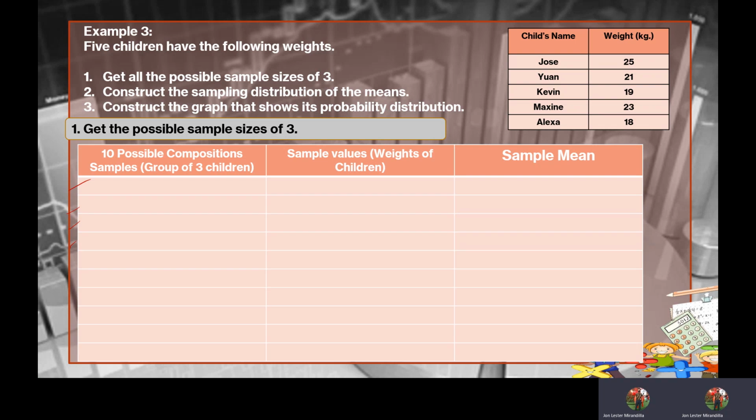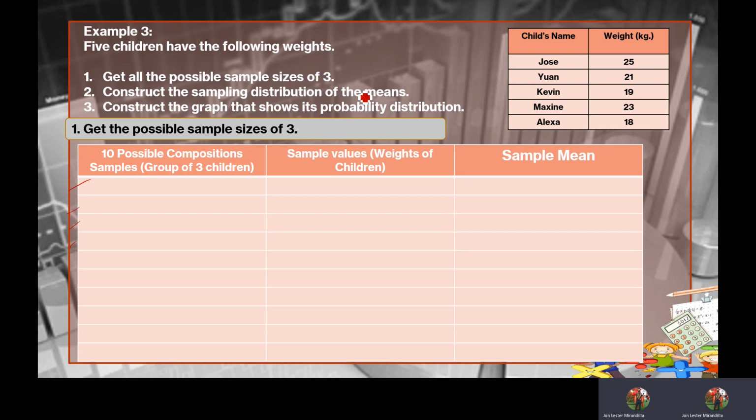Okay. So sabi dito, sample size of 3, but we have a given 5 children: Jose, Juan, Kevin, Maxine, Alexa. Kukunin natin yung combination or yung group nung sample sizes of 3.